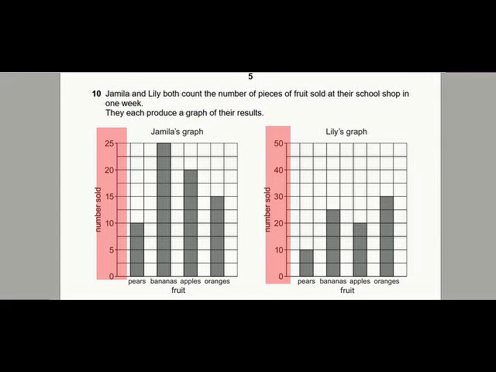Are they given with the same amounts, in the same scale? This is 0 to 50, and this one is 0 to 25. So definitely the scale is different. We cannot compare just how high they are, because then we are going to be making mistakes.